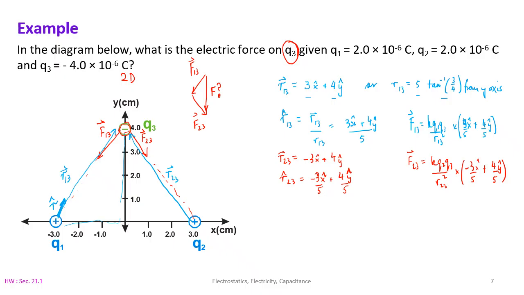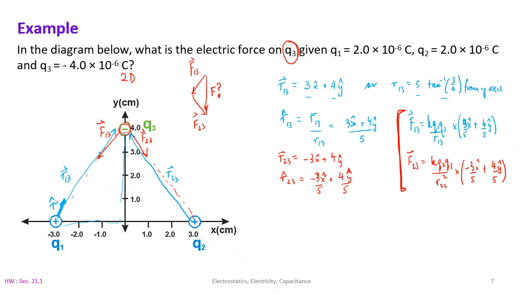Now, it's quite nice in this example that the values of Q1 and Q2 and their distances to Q3 are all exactly the same. So summing these two forces turns out to be quite simple.